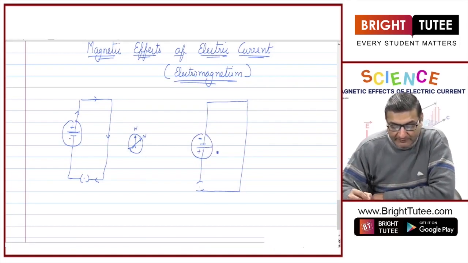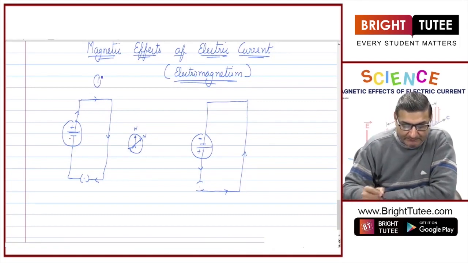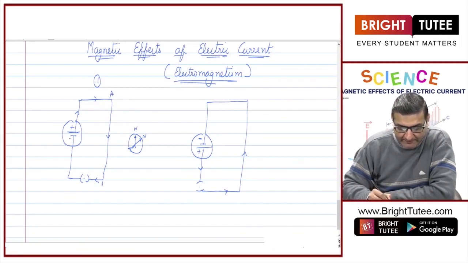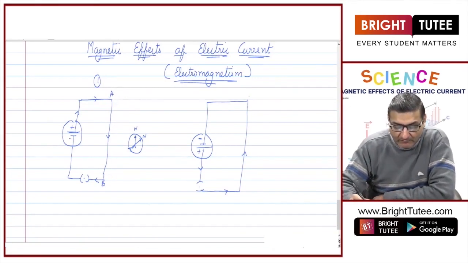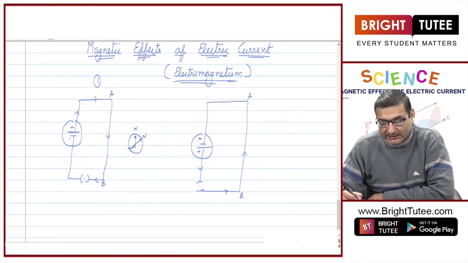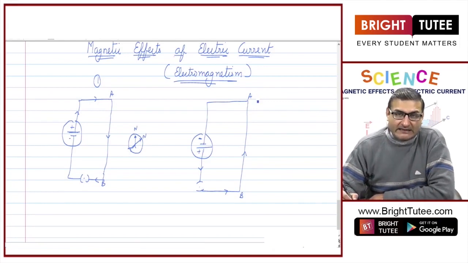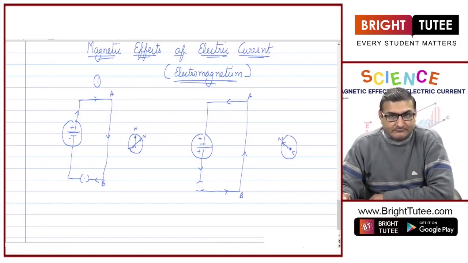Now when we reverse the direction of the current, the current which was in case number 1 going in this wire AB from A to B, that means in the downward direction, we are now passing in the opposite direction, that is from B to A, in the upward direction. Now when we see the magnetic compass, the needle will deflect on the opposite side.